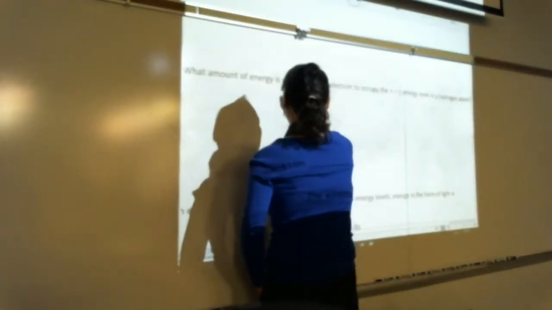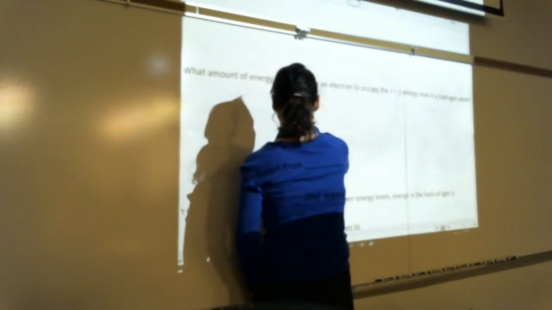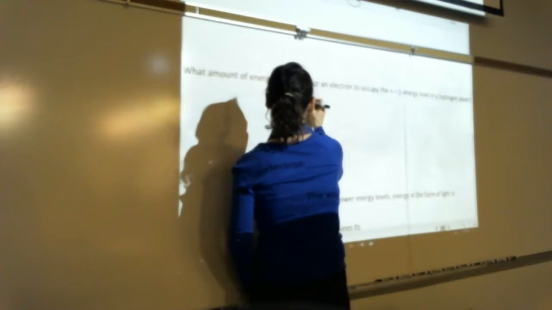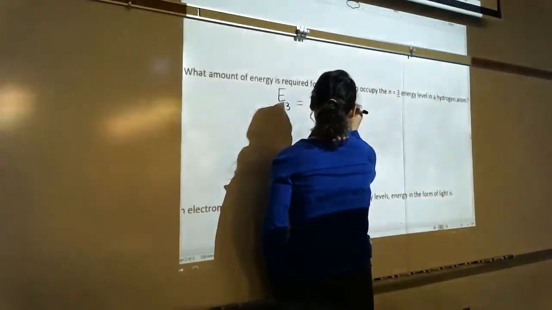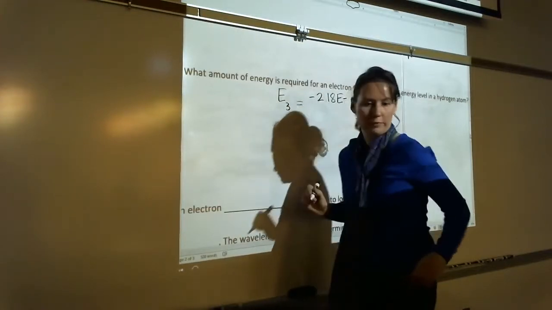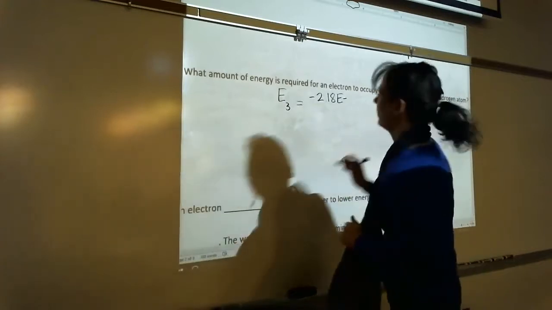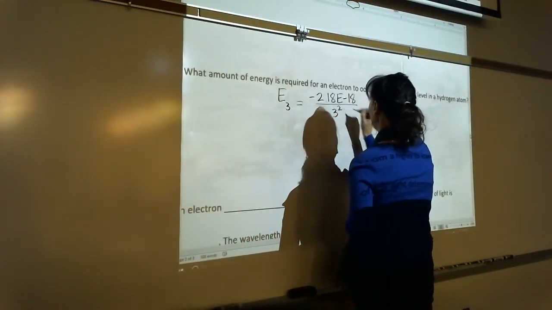So E sub 3 is negative 2.18 times 10 to the negative 18, divided by 3 squared.